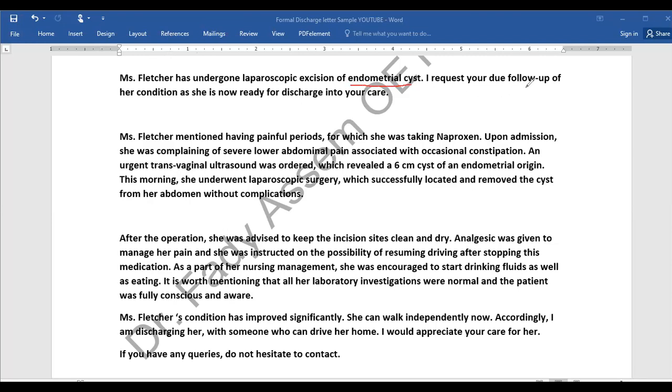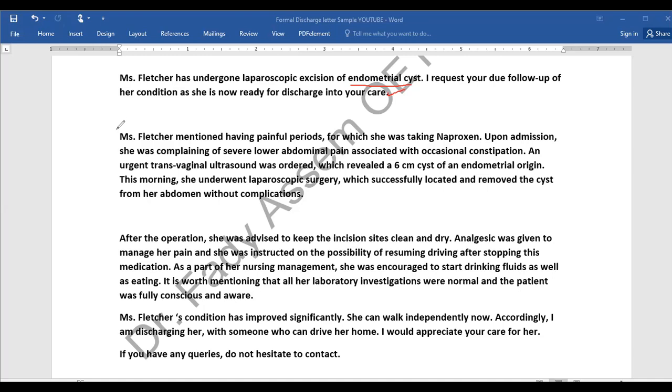I request you do follow up of her condition as she is now ready for discharge into your care. So I have clarified the patient's diagnosis and a general idea about what I want from the reader to do. We will not include anything about the patient's medical history, allergies, or medications because we are referring her back to her GP.